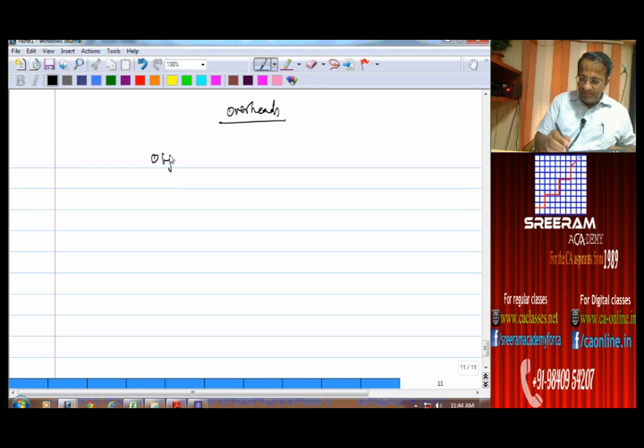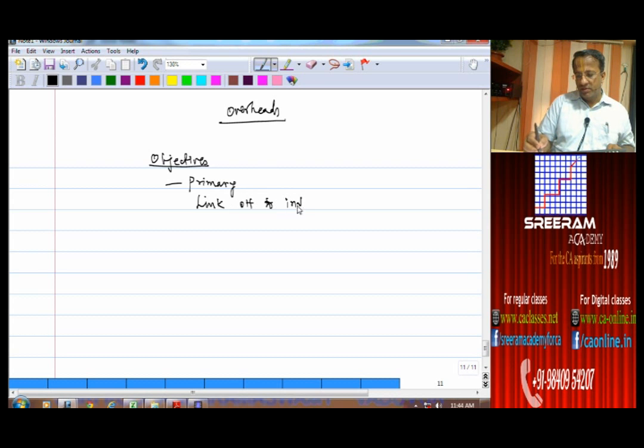Objectives. Primary: link overheads to individual units produced or services rendered.